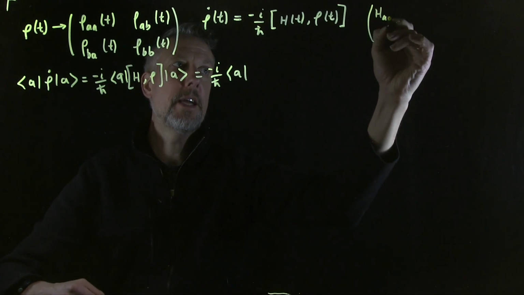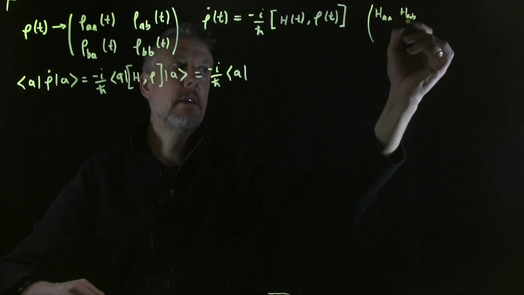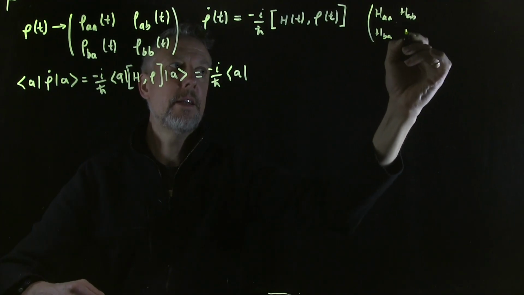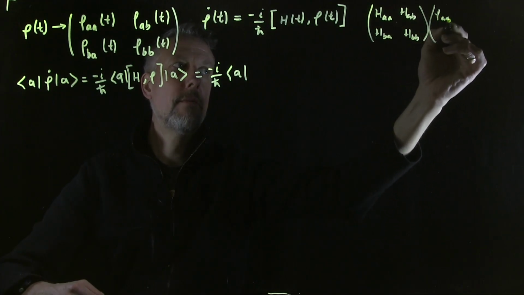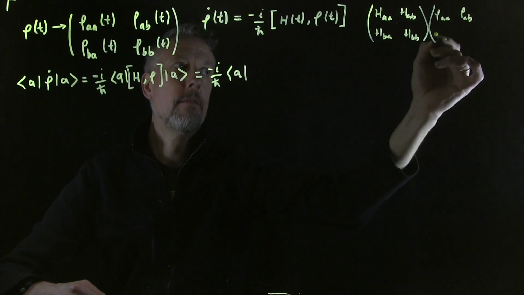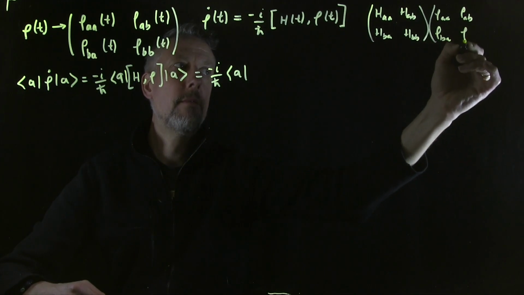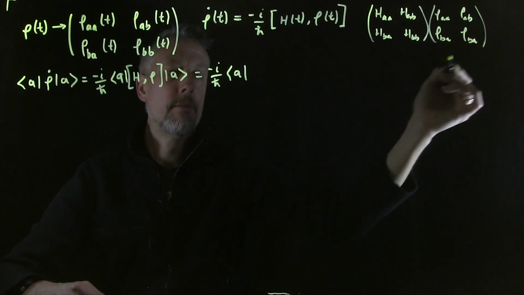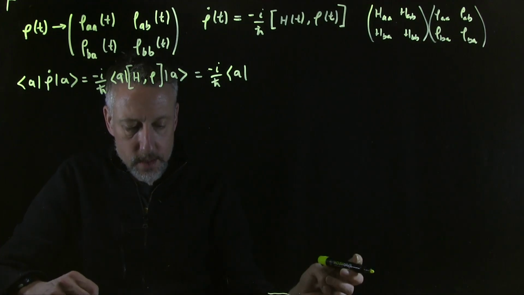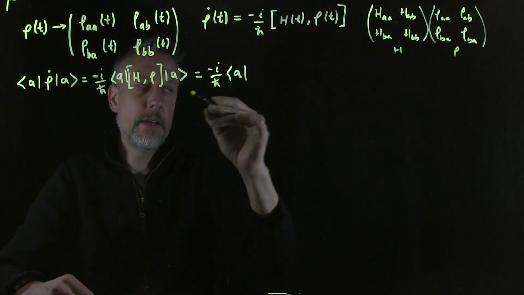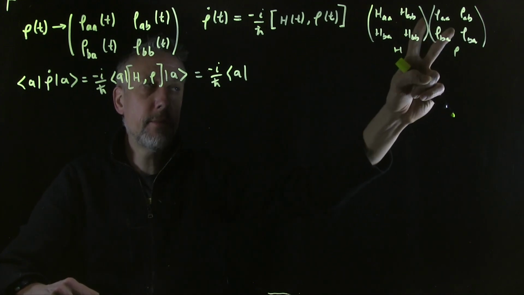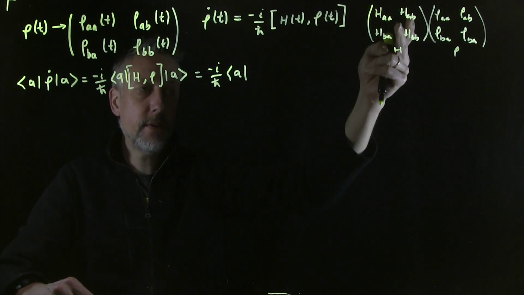So we have HAA, HAB, HBA, and HBB times rho. All right, this is H, this is rho, so we need to calculate the commutator, so it'll be this times this minus this times this.